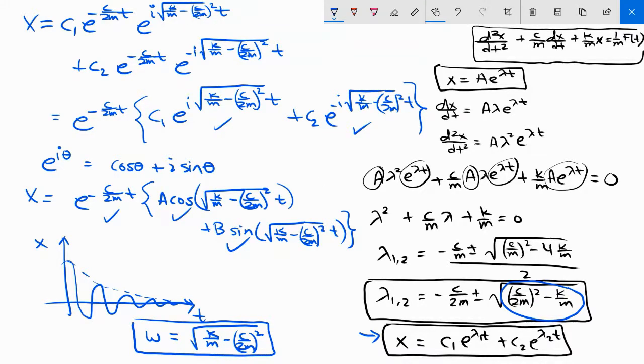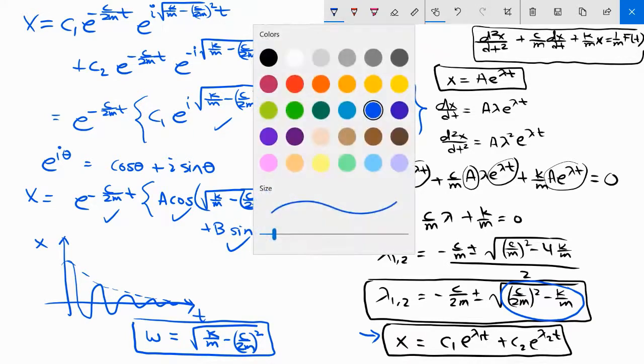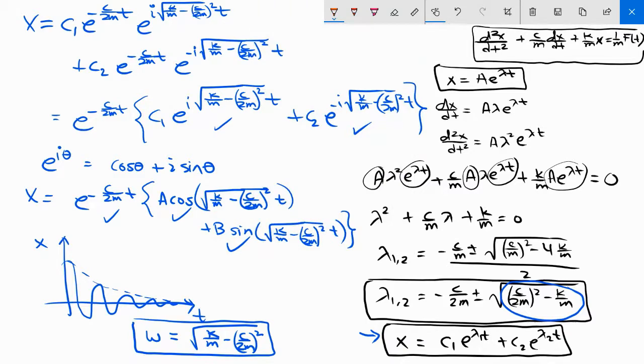Now, in a system where the damping is 0, in other words, if c equals 0, then omega equals the square root of k over m. So this square root of k over m is known as the natural frequency of the system. It is also known as the undamped natural frequency.